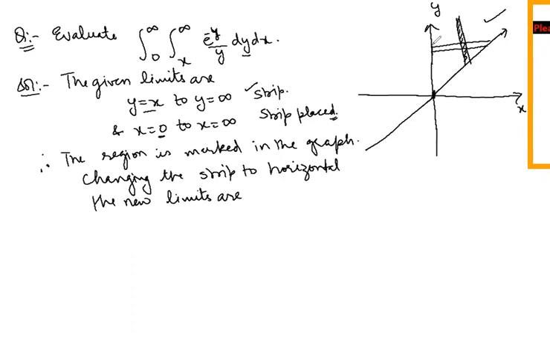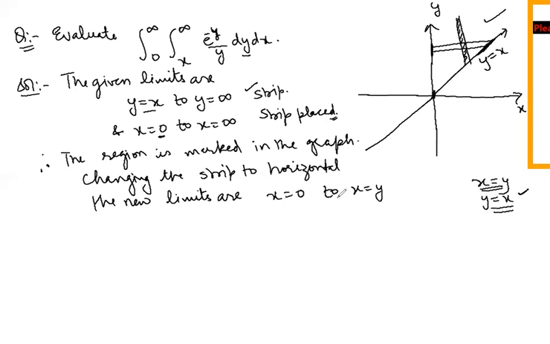Look, the lower end of the strip is on the y-axis, meaning x equals 0, to this line. What is this line? It is y is equal to x, meaning I will write x is equal to y; otherwise x is equal to y and y is equal to x are both the same. But when we write it this way, y is a function of x, and this means x is a function of y.